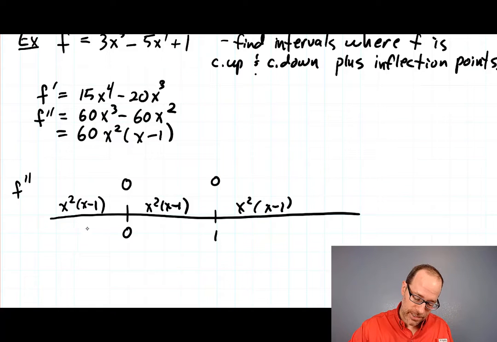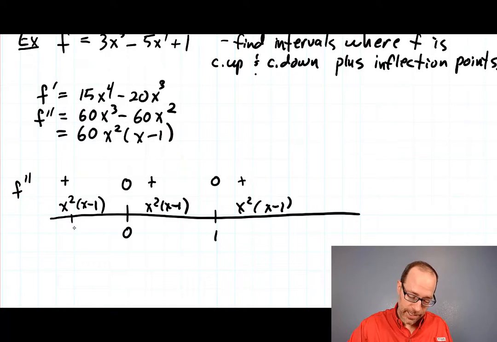Now, for x's over here, x squared is always positive. In fact, x squared is always positive everywhere, so let's just record that. Now, for x's over here, the x minus 1 will be negative. And for x's in this interval here, x minus 1 is still negative.